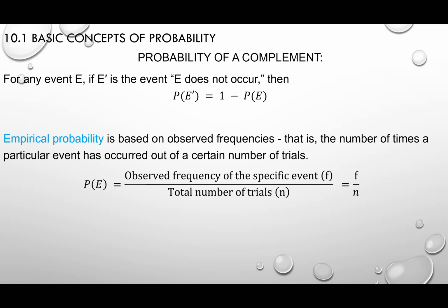The terminology is a little bit different, but I want to tell you guys that the empirical versus the theoretical is the same probability. Well, not the same probability, but it's the same way to find it. The only thing different related to the theoretical is the theoretical is fixed.